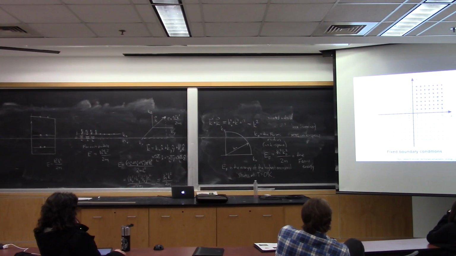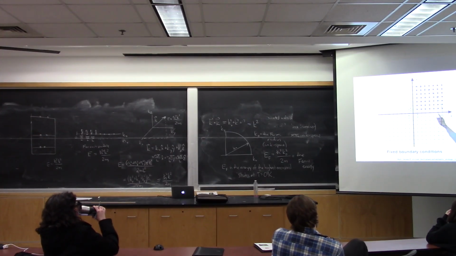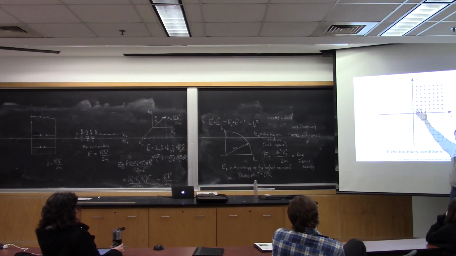So you cool it down, and they start migrating back towards the origin. And if it's such that the thermal energy is well below the Fermi energy, but not 0, then there'll be a few particles out here, but most of them will still be inside the so-called Fermi sphere, or in this case, the Fermi disk in 2 dimensions.